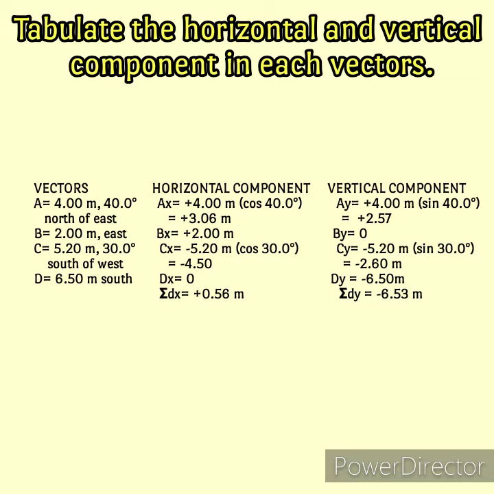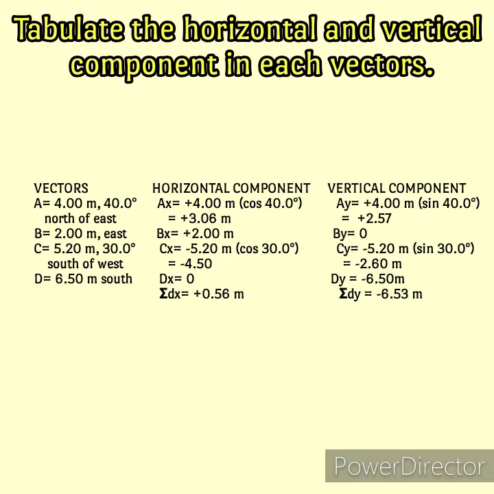Next, the vector C, 5.20, 30 degrees south of west. Since it is going to the west, we are going to use the negative sign. Therefore, it will become negative 5.20 cosine again, then 30 degrees. The 30 degrees came from the given itself.